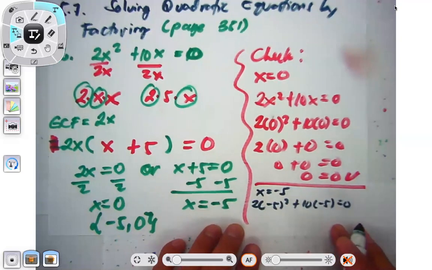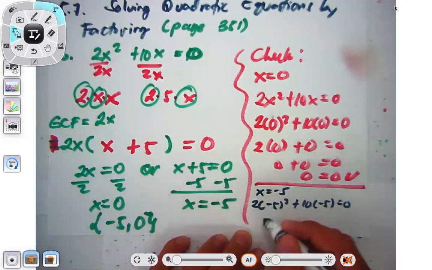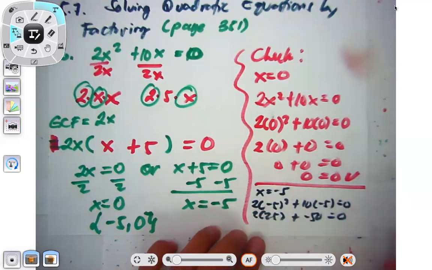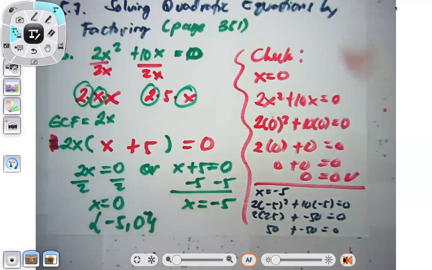We'll see if we get equal numbers on both sides. -5 squared, it's -5 times -5, you have 25. And then 10 times -5 is -50. 2 times 25, you have 50. Is 50 plus -50 equal to 0? Yes, so 0 is equal to 0, again a true statement. See, both values satisfy our equation and our solutions are -5, 0.